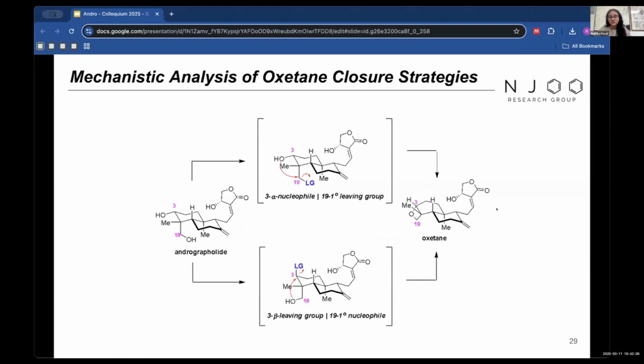These are the two methods that we are currently focusing on to close the oxetane ring. And currently, DFT, or density functional theory, transition state analysis is being done to further confirm and better understand the conformation and attack that is favored when forming this highly strained oxetane ring under varying conditions, some of which I'll go over later.